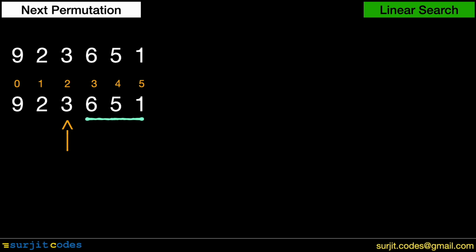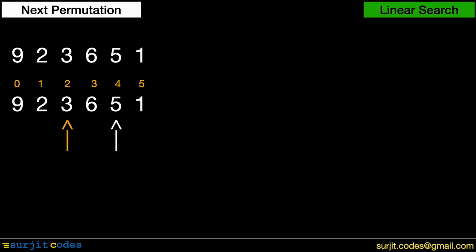Obviously, the 3 numbers to the right of the pivot will always be in the decreasing order. As the increase in this number has to be minimum, we start the search from the right side. We find that 1 is not greater than 3, so it cannot replace 3. Next we inspect 5.